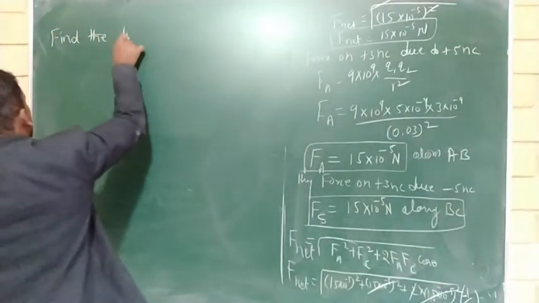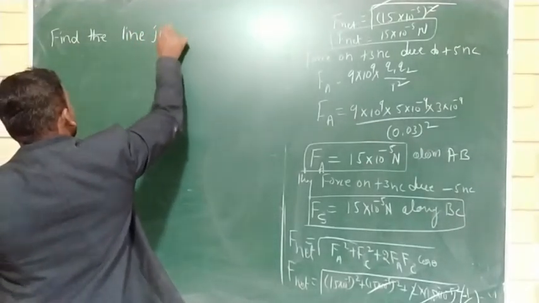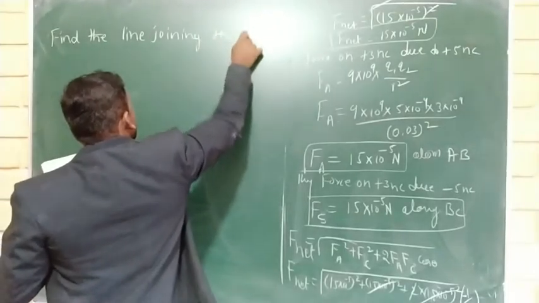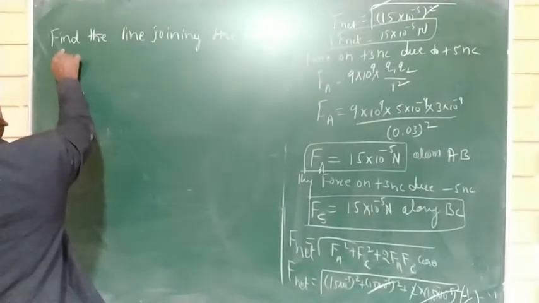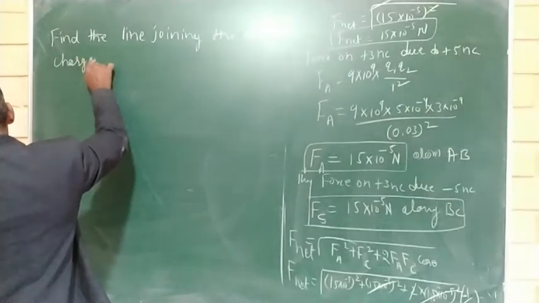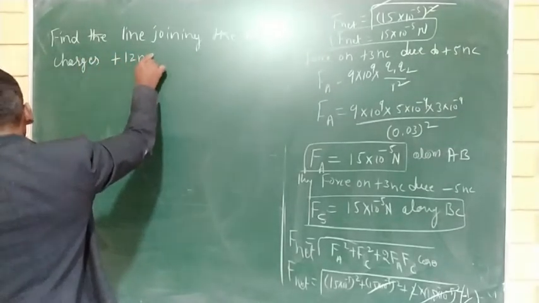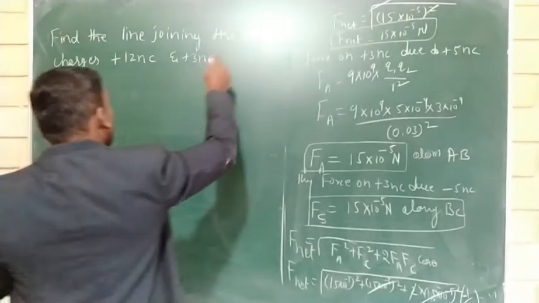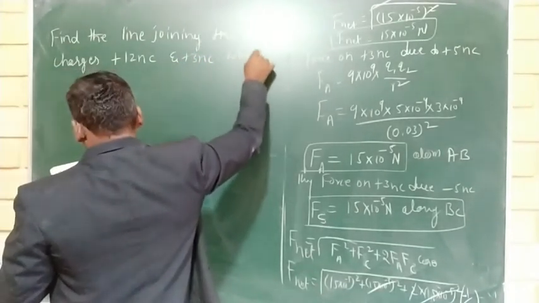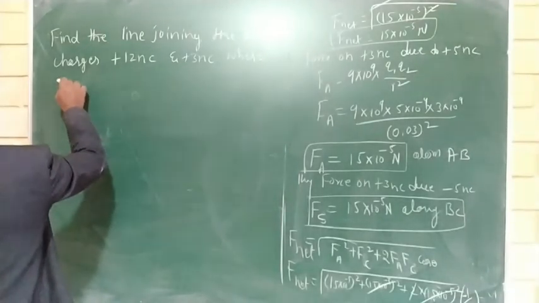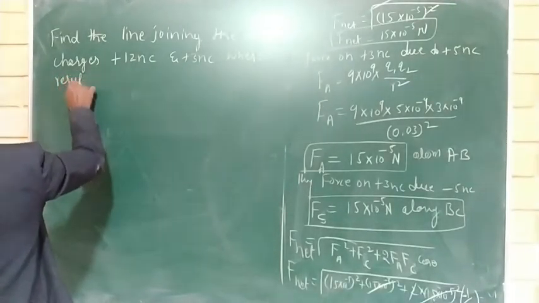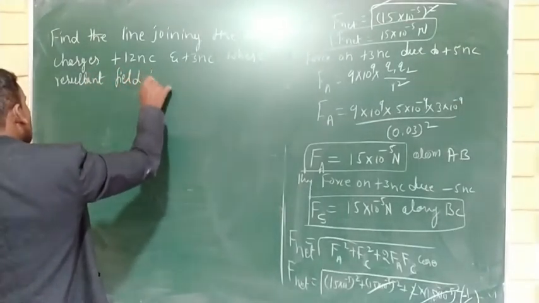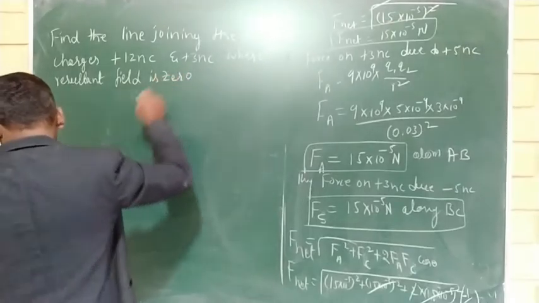Find the point on the line joining the two charges, plus 12 nanocoulomb and plus 3 nanocoulomb, where the resultant electric field is 0.